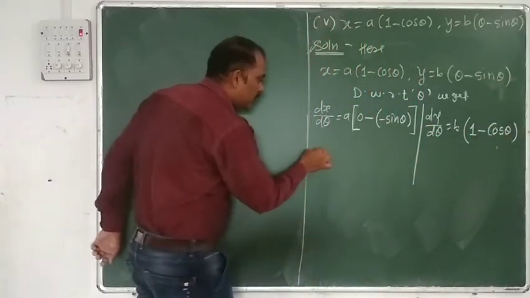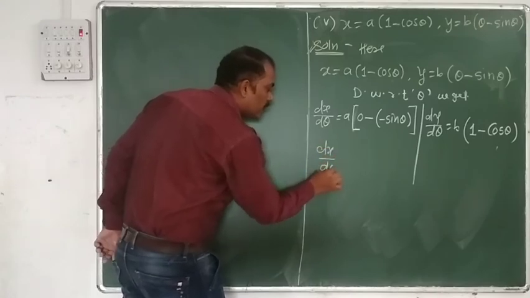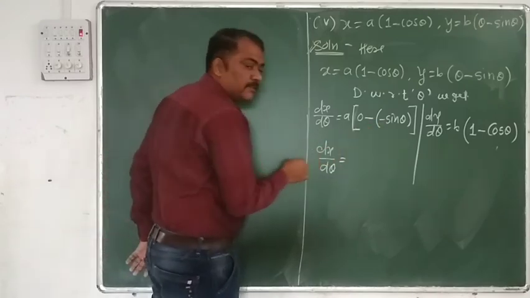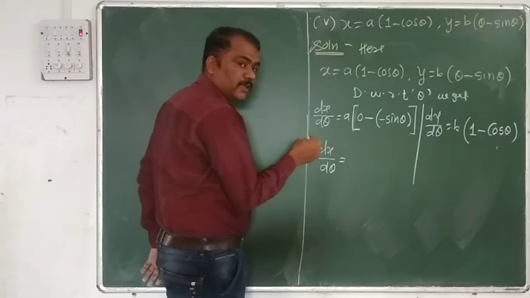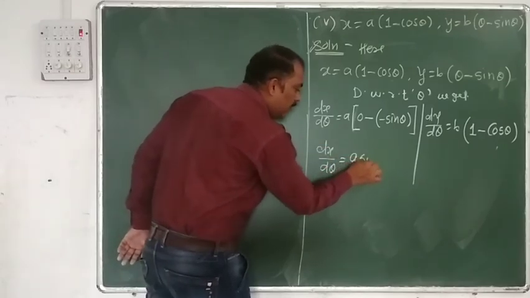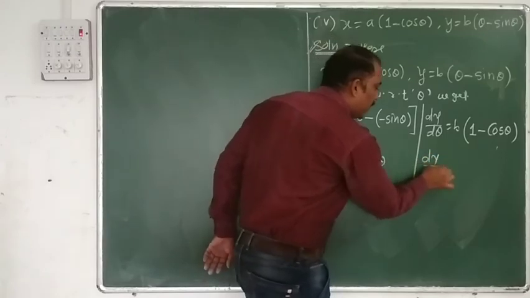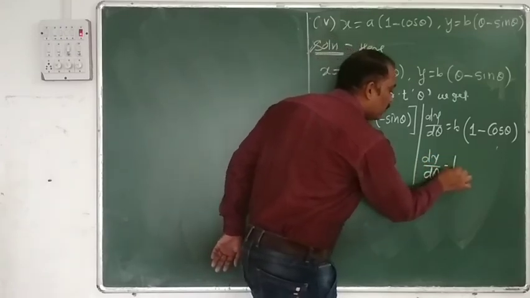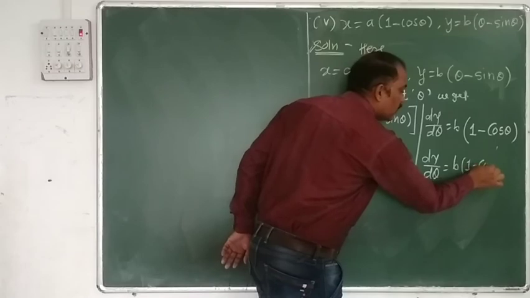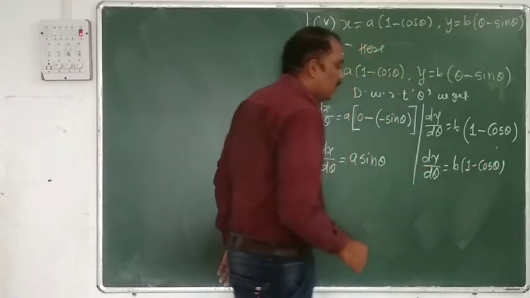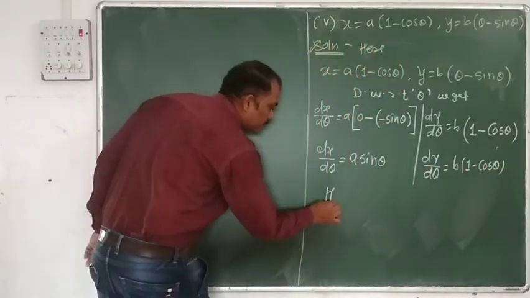So we can write dx by d theta is equal to a, where minus minus becomes plus, 0 plus sin theta, that is a sin theta. Similarly, here we can write dy by d theta is equal to b into 1 minus cos theta. Here theta is a parameter.